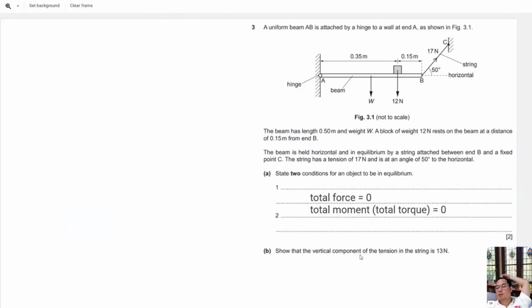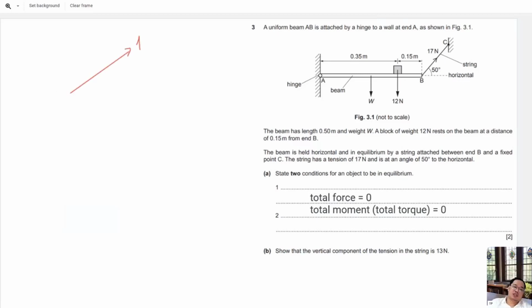Show that the vertical component of the tension in the string is 13 Newton. Okay, try figuring out how to solve this problem. This question is very simple. You just take 17 and multiply with the sine of 50 degrees, right?